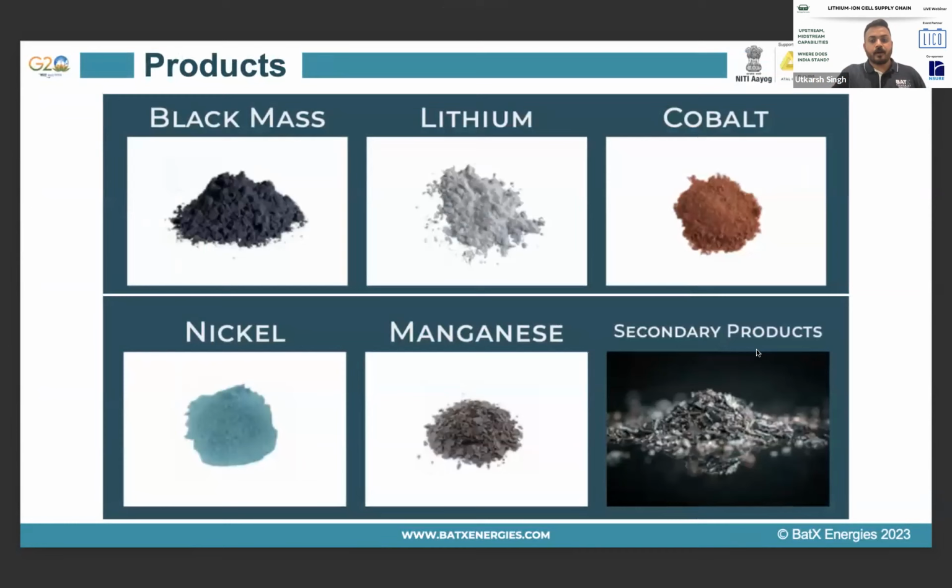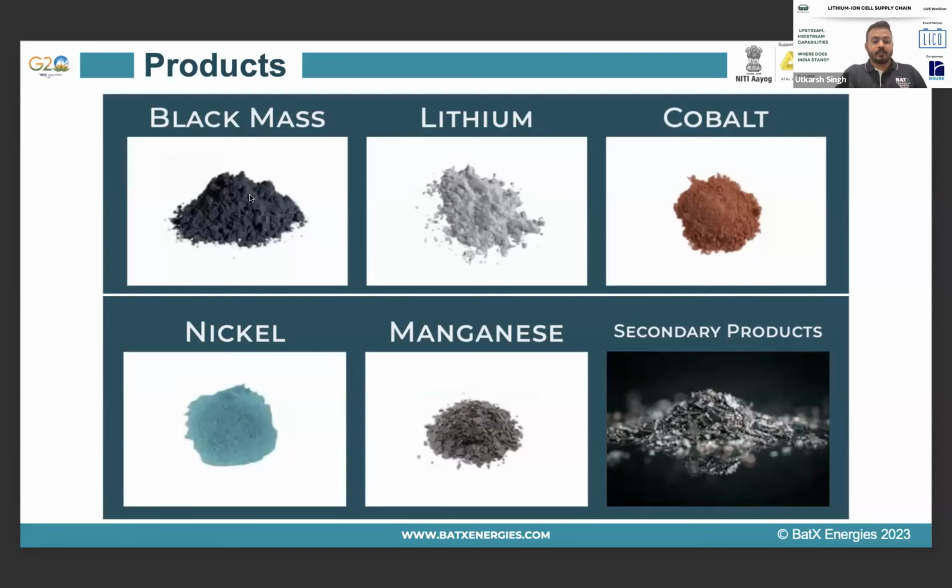This is kind of our products that a recycler, or a company like us, is producing. The most famous being the black mass. That is what a lot of recyclers are producing in India. Even in the black mass, it comes down to the quality and the content of cobalt, nickel, or lithium that goes inside the black mass.